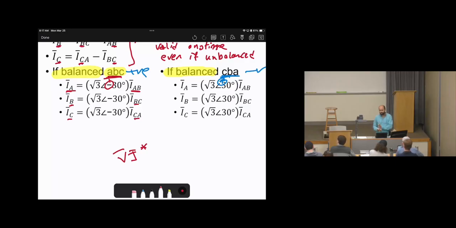Then for the currents, since I'm doing the conjugate, the conjugate of positive 30 will be negative 30. For the negative sequence, the voltage angle will be negative 30 degrees. Now for the currents, when you do the conjugate, the conjugate of negative 30 will be positive 30. That's the way that you can imagine it.